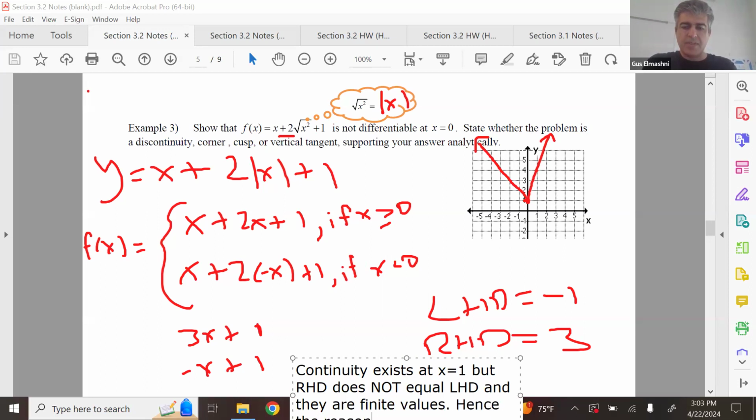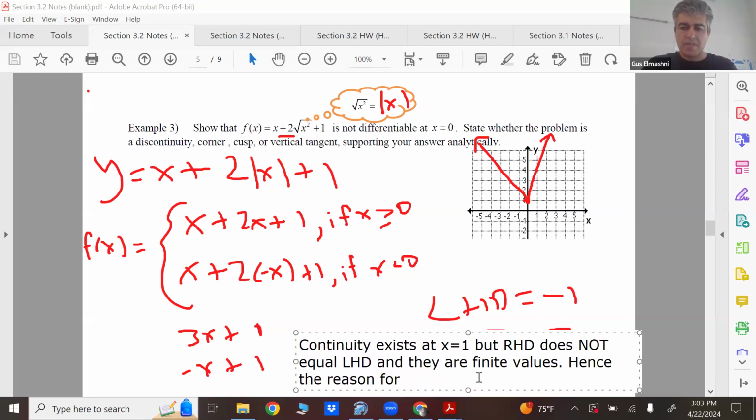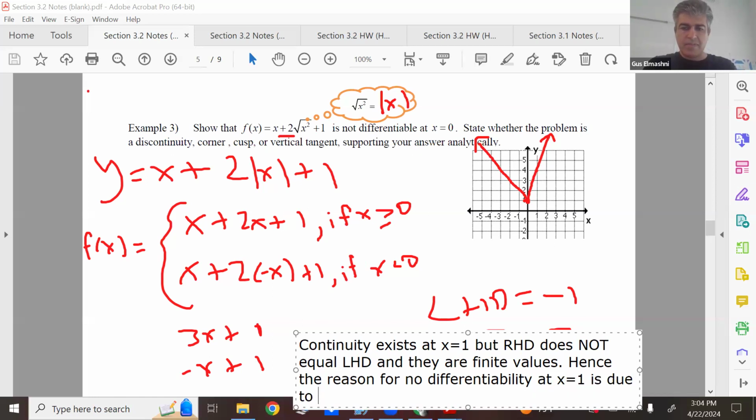Hence the reason for no differentiability at x equals 1 is due to there being a corner.